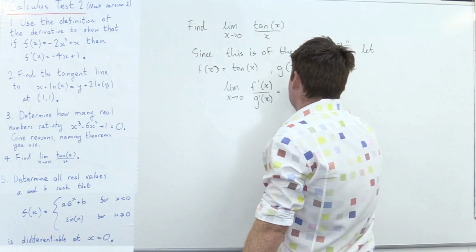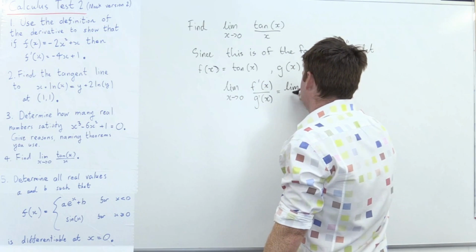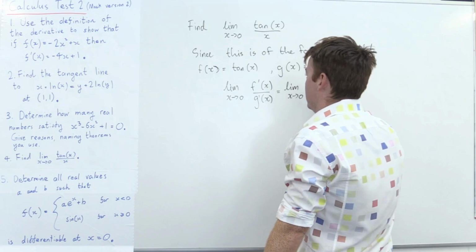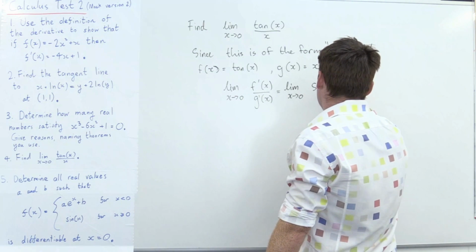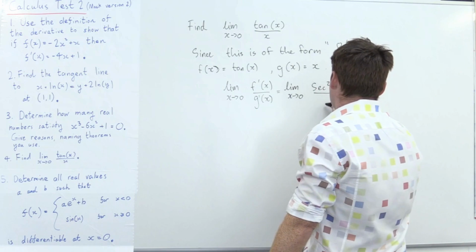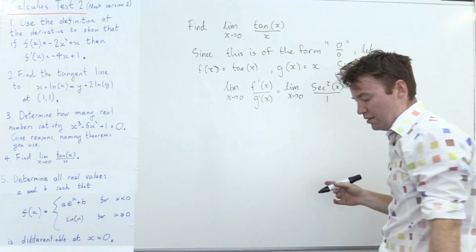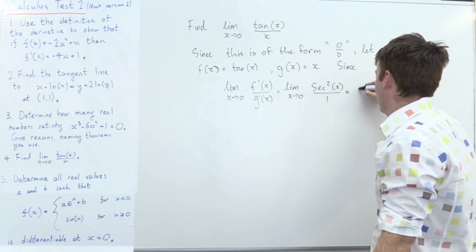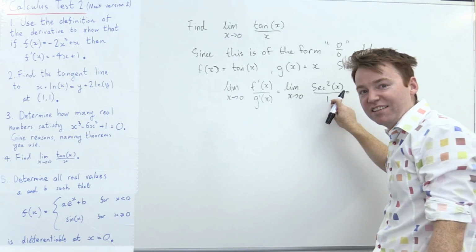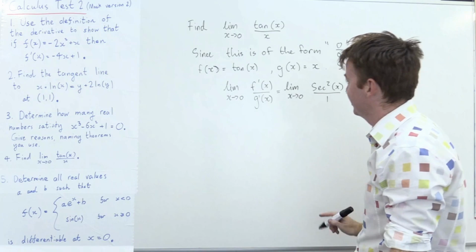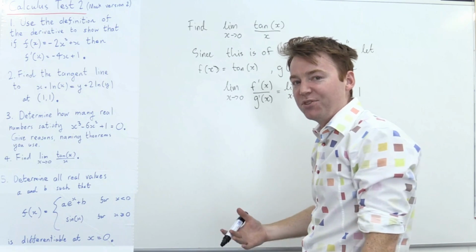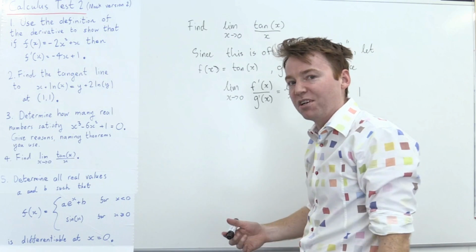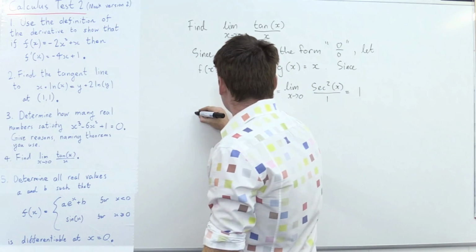This is sec squared of x over 1, and as x goes to 0, sec squared is just 1 over cos squared, so that's just 1. Aha! This other limit exists! Excellent. You're in a position to conclude the thing that L'Hopital's rule tells you to conclude.